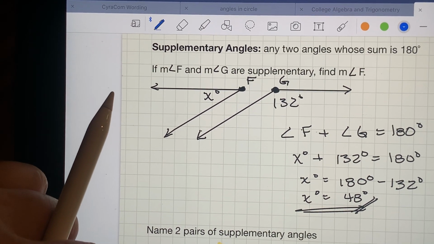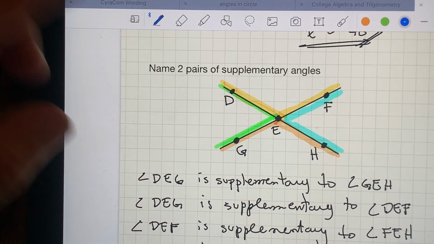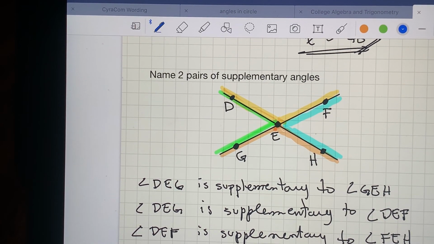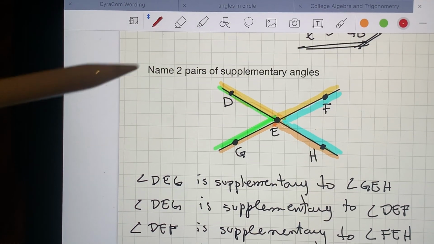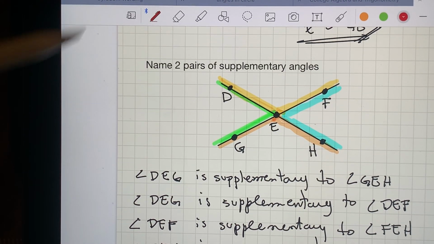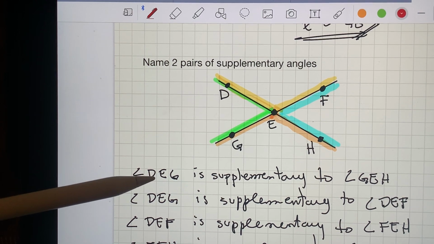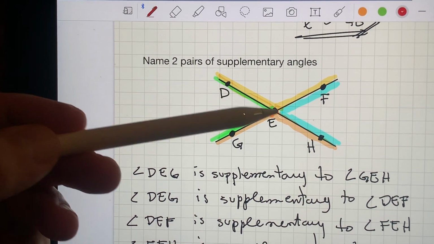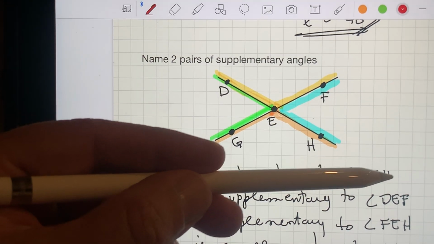Now, in this next example, it says name pairs of supplementary angles. So what I've done here is I've drawn them so you can easily see what they look like. And then we're saying that angle DEG is supplementary to GEH.